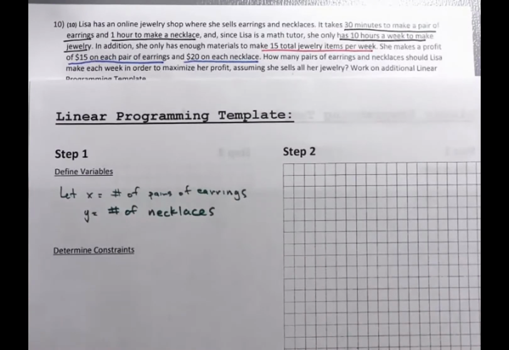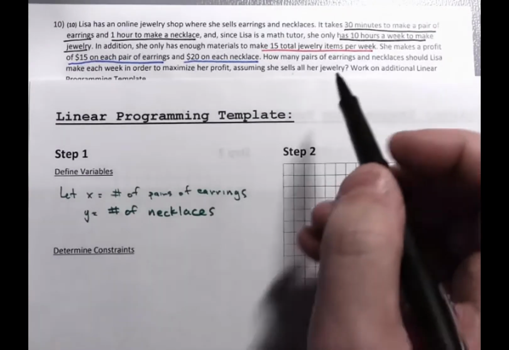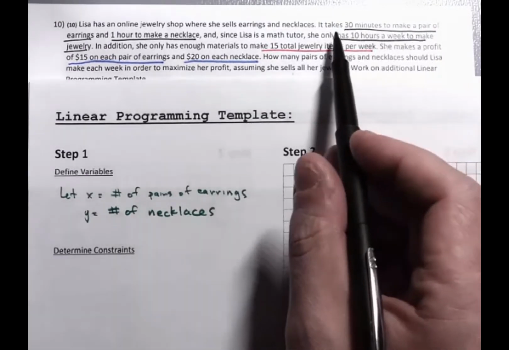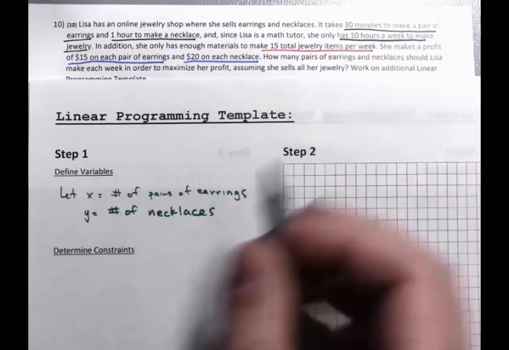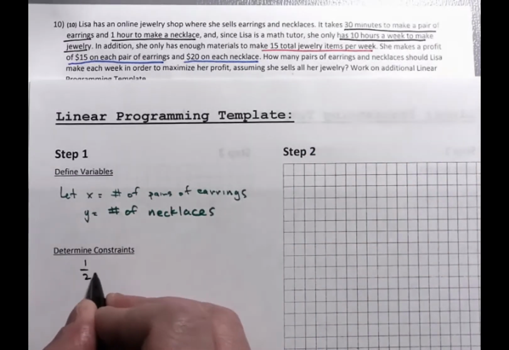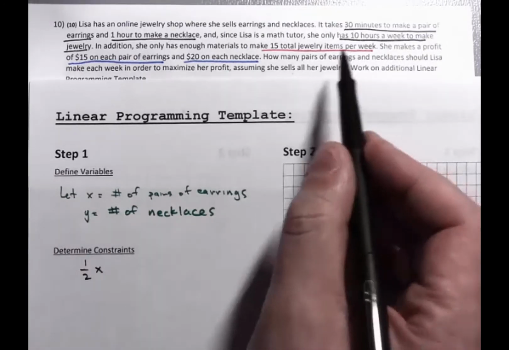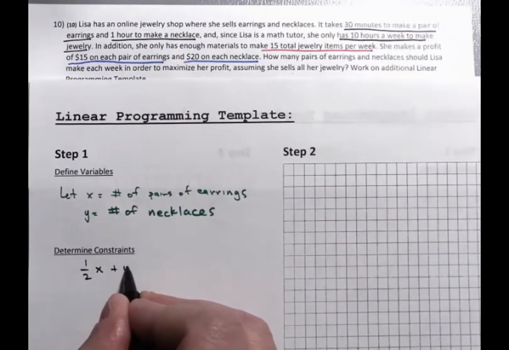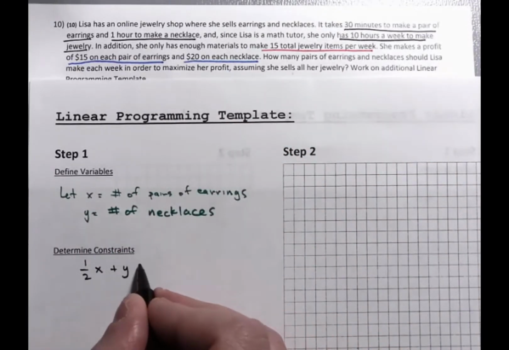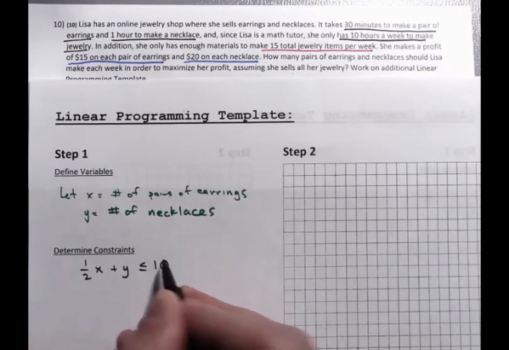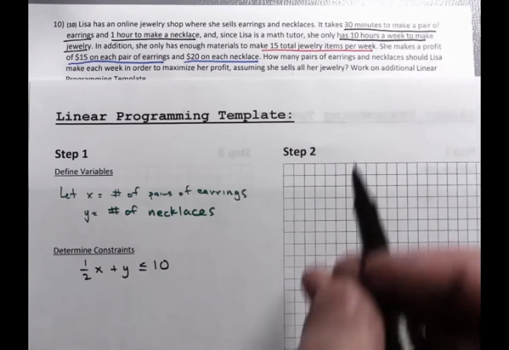So in black, we have each earring takes 30 minutes, which is a half of an hour to make, and each necklace takes 1 hour, and that she only has at most 10 hours to work through the week.